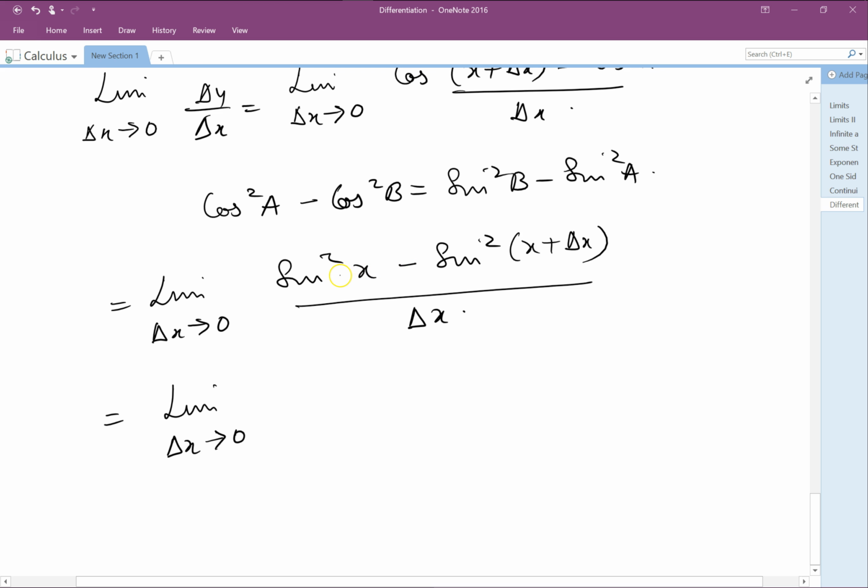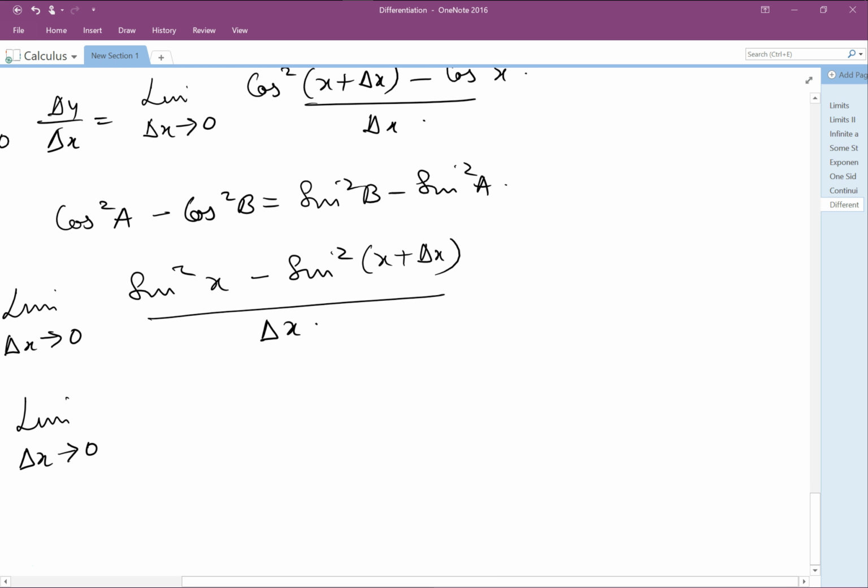Now this is sin square a minus sin square b. Alright, so sin square a minus sin square b is equal to sin(a plus b) sin(a minus b).